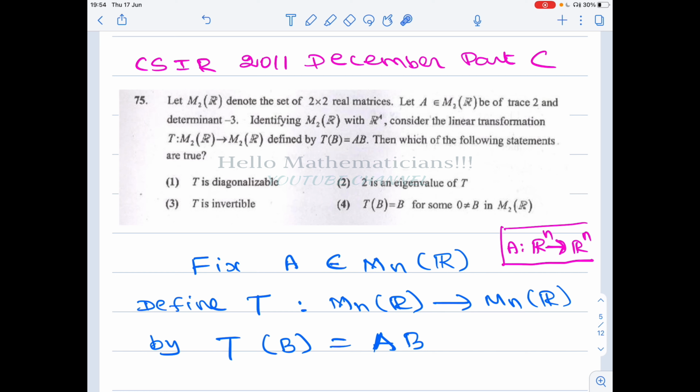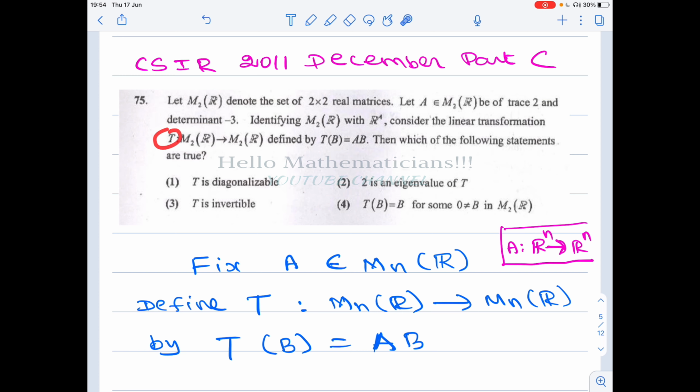Note that A is a 2 by 2 real matrix, which means A is a linear transformation from R2 to R2. Using this linear transformation, we are defining a new linear transformation, which goes from the set of all matrices to the set of all matrices.